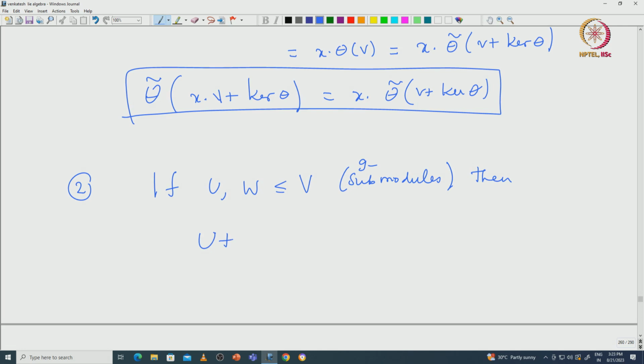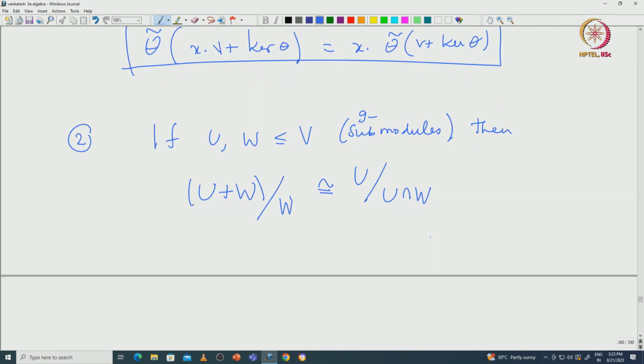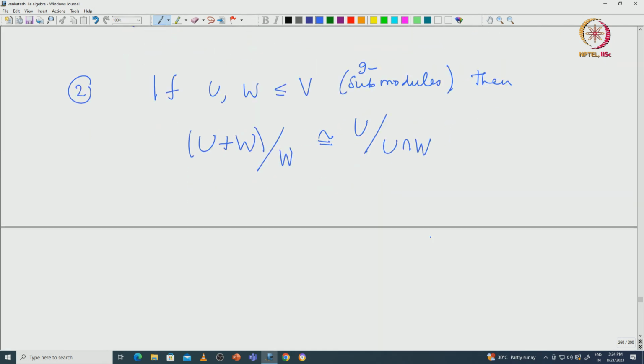U plus W is easy to check to be again a G submodule, which I will leave it to you to check, and then W will automatically be a G submodule of U plus W. So, we can talk about the quotient U plus W modulo W. This will be naturally isomorphic to U modulo U intersection W. This is something I will leave it to you to check.